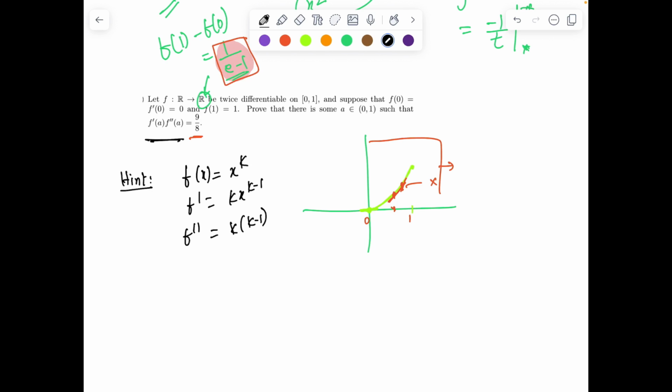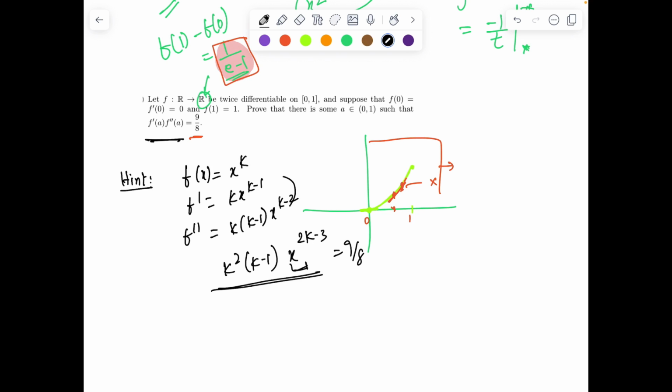So the double dash will be k into k minus 1 times x to the power k minus 2. And if I want their product to be 9 by 8, it means I want a structure like k square into k minus 1 times x to the power 2k minus 3, evaluated at some value, to be 9 by 8.